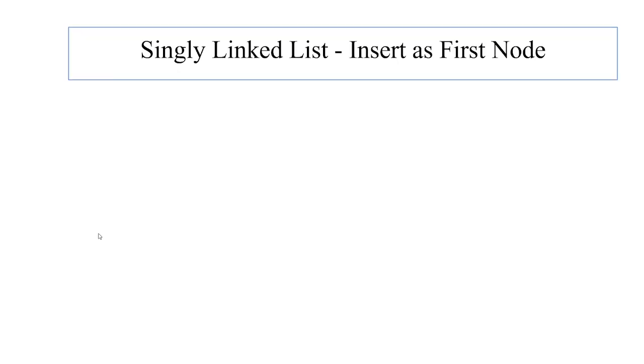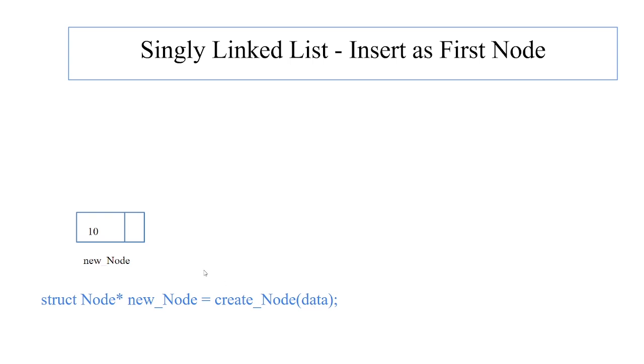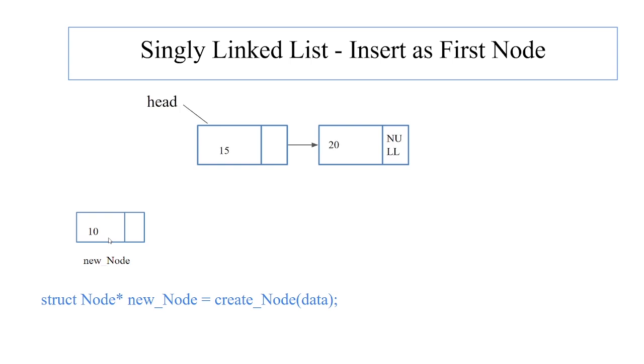To insert as a first node, we create a new node by calling the function called create node. This will create a new node. Let us consider we pass the data as 10. Then let us consider we have existing nodes in the linked list, having the values 15 and 20.